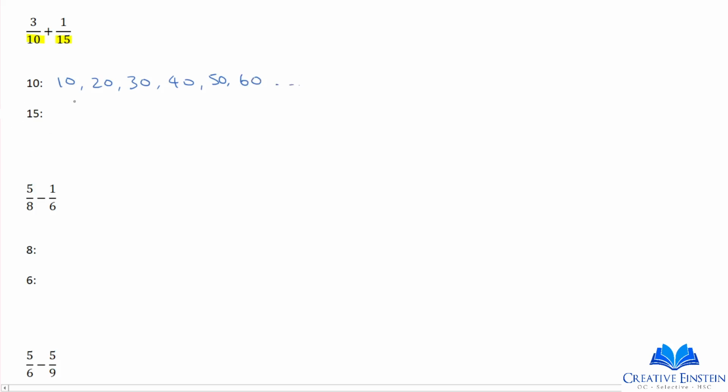Our multiples of 15: 15, 30, 45, 60, and so on. So already I can see 30 and 60. Remember, we're only interested in the lowest common denominator. That tells me that my new denominator is going to be 30, so something over 30.